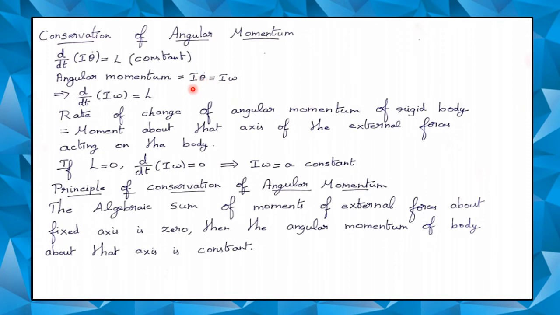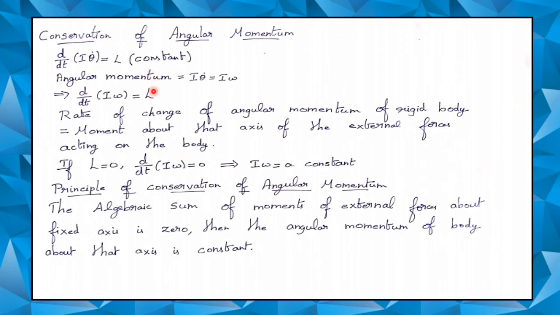We can replace I theta dot by I omega, so that d by dt of I omega is equal to L. That means the rate of change of angular momentum of a rigid body is equal to the moment about that axis of the external forces acting on the body.